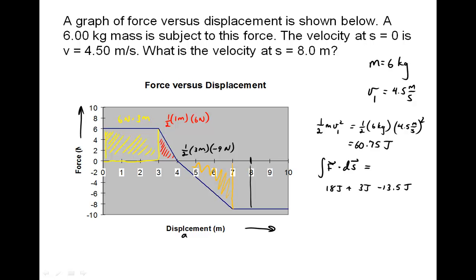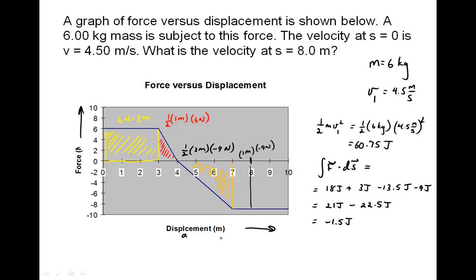And we'll go to there. I have 1 meter times -9 newtons. That's -9 joules. And so I end up with a net work done, 21 joules, minus 22.5 joules. So the net work is negative, and that's okay. You can have negative work. So minus 1.5 joules.